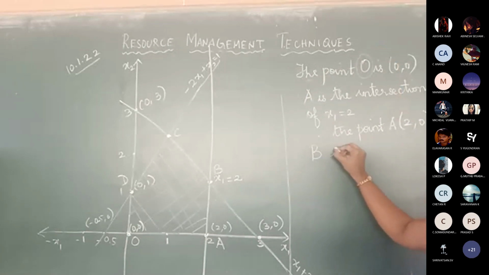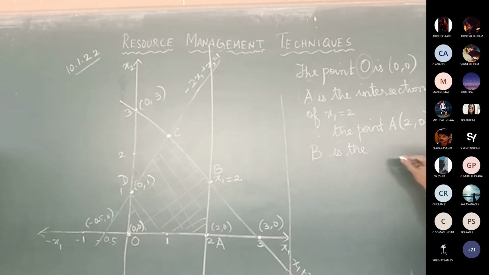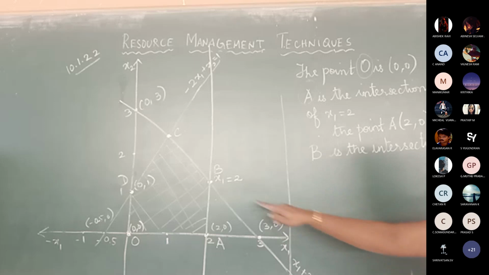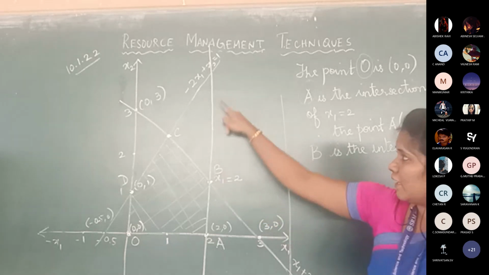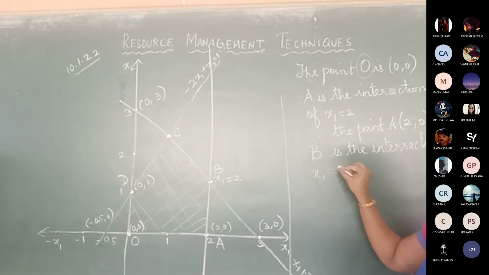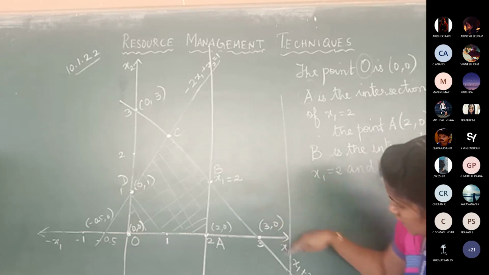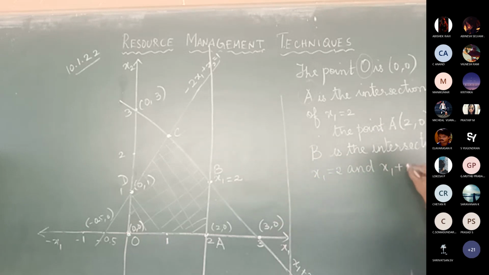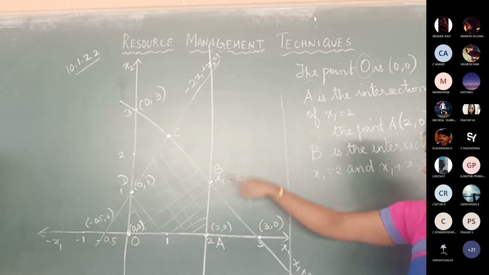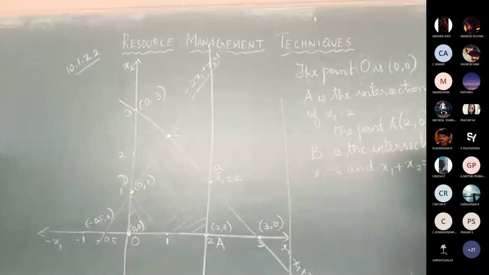Next we go to B. B is the intersection of x1 is equal to 2 and x1 plus x2 is equal to 3.